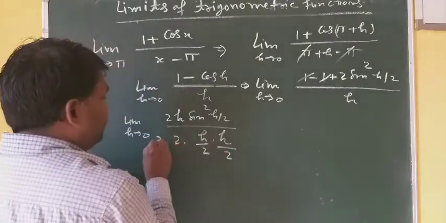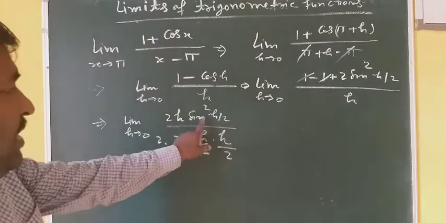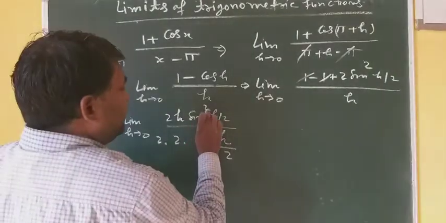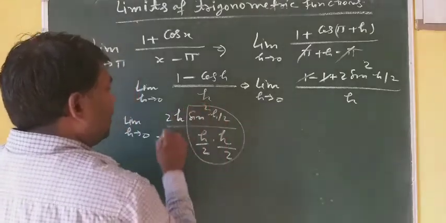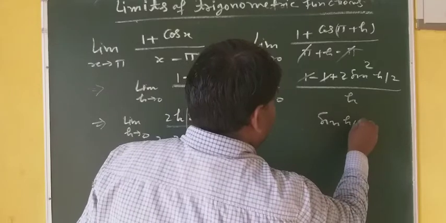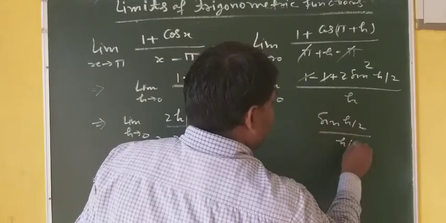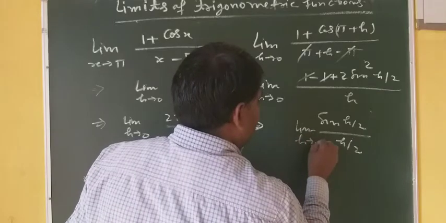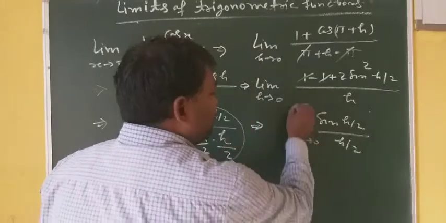Do you know why I am doing so? I am just going to make it sin theta upon theta. Since it is in square form, this total can be written as sin h by 2 upon h by 2, whole square, with limit h tends to 0, so h by 2 will also tend to 0.